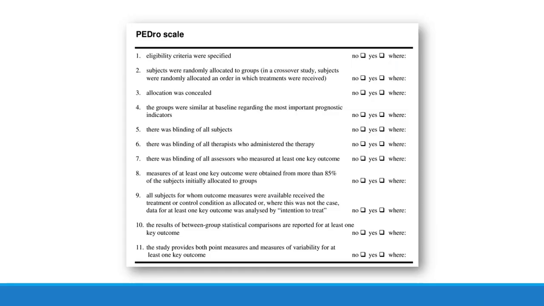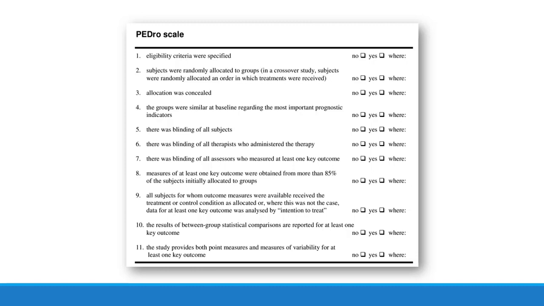Here's one that is used in physical therapy, and I don't know if it's used in medicine at all, but it is a checklist like you see there, and it also gives a score. So it scores a paper on a 0 to an 11 score, and the higher the score, the stronger or the higher quality the study is considered.